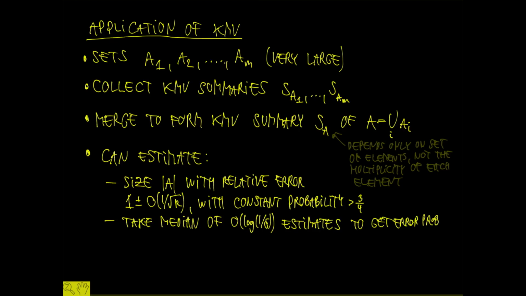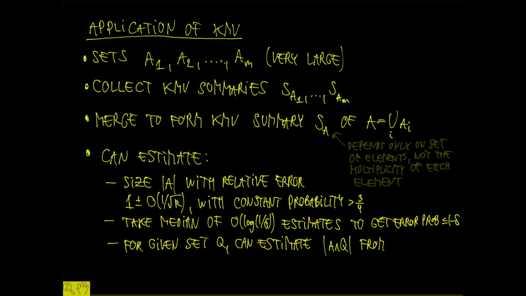So if each estimate is accurate with probability 3/4 and we take the median of roughly log 1 over delta estimates, then it's easy to show using Chernoff bounds that the probability that we get a bad estimate in the median can be bounded by delta. Finally, if we are interested only in certain elements in some set Q, we can also estimate the intersection size of A and Q by looking at the elements in the merged sketch that belong to Q.